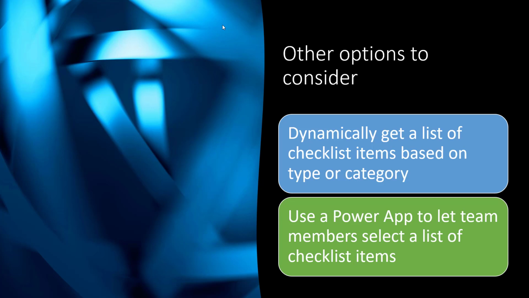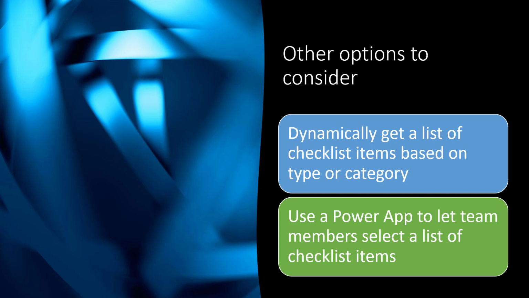So maybe a repair estimate task is always going to have these 3 steps of contact customer, visit customer, write estimate. So you could have a question on the form, which is, what kind of task is this? They would select repair estimate, and that would generate a standard boilerplate list of checklist items that always go with that kind of task.